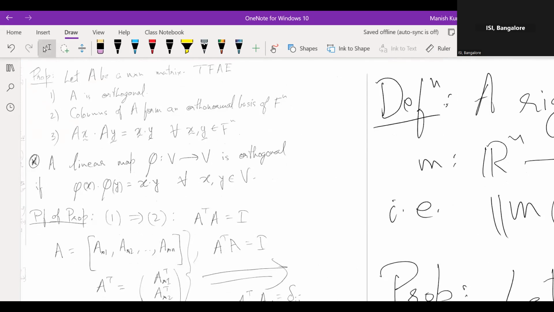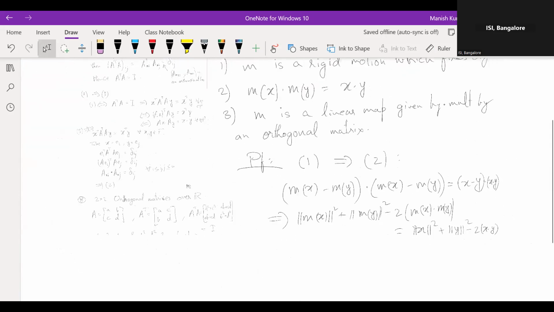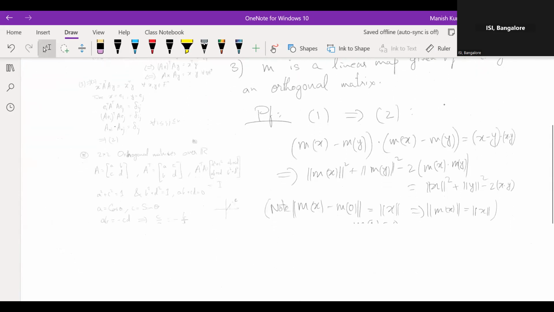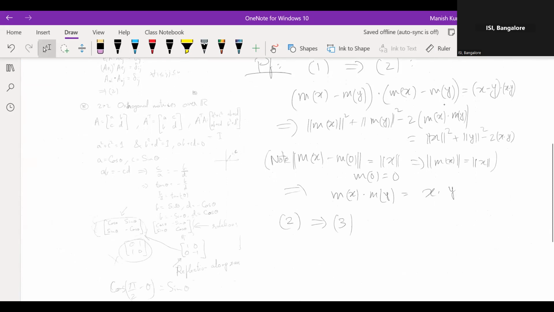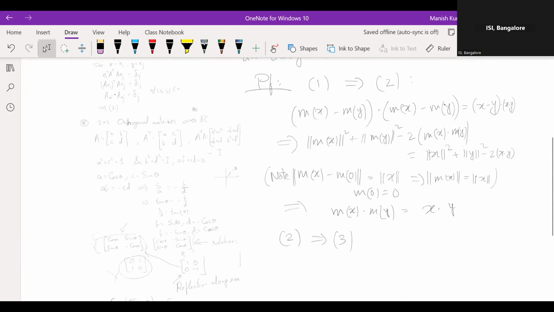If you have an orthogonal matrix, Ax dot Ay is the same as x dot y. So it will preserve lengths. If it preserves inner product, then it will certainly preserve distances between any points, and it will fix the origin because it's a linear map. So we only have to do 2 implies 3, and then 3 implies 1 is obvious.